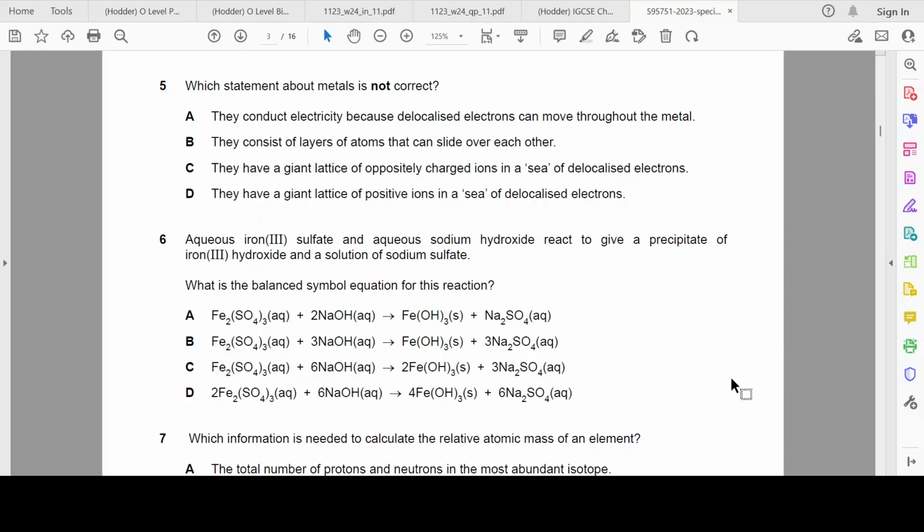Sobia and Haram, both: they conduct electricity because delocalized electrons can move throughout the metal. Is that true or false?